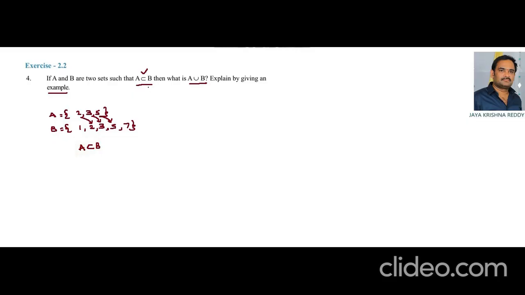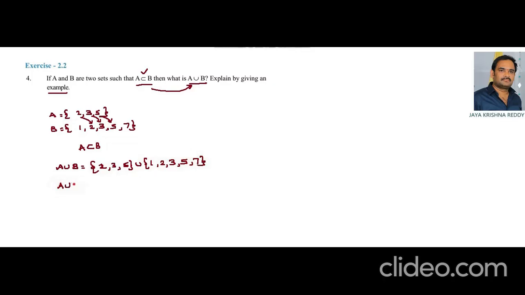Okay. So now, satisfying this condition A subset of B, we have to find A union B. So A union B is equal to, first I'll write the elements of set A, that is 2, 3, 5, and union, and next the elements of set B, 1, 2, 3, 5 and 7.